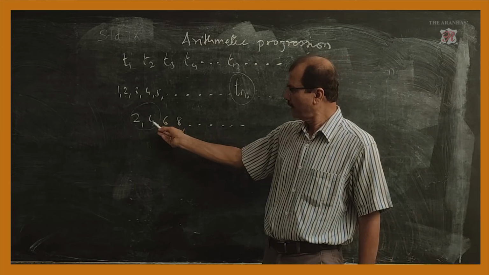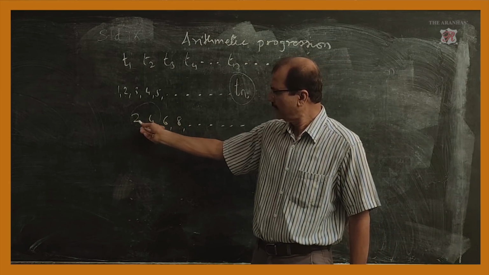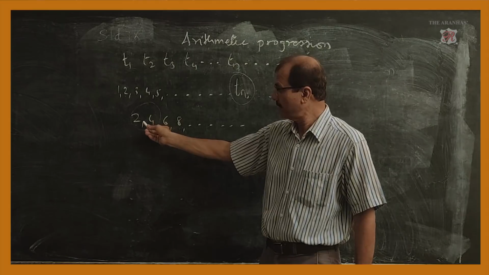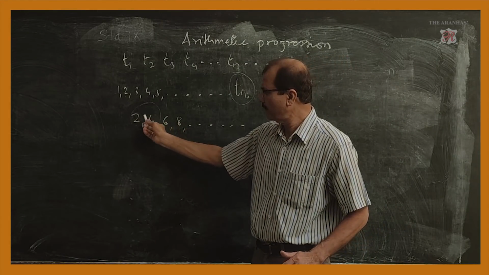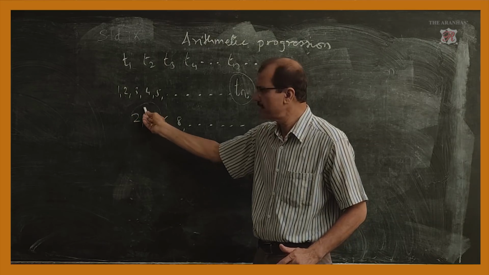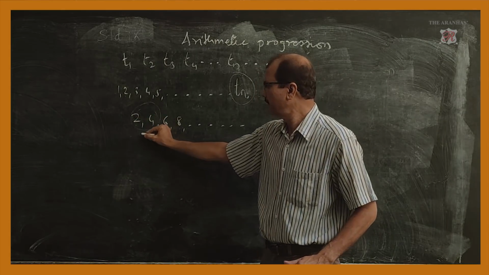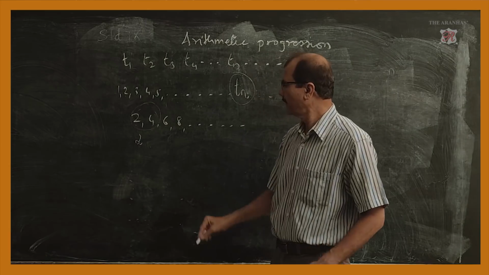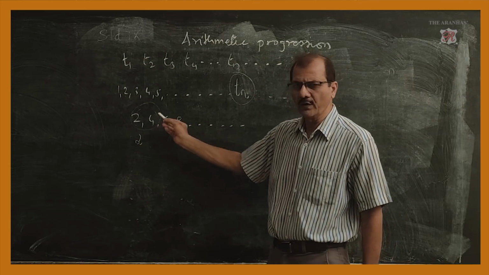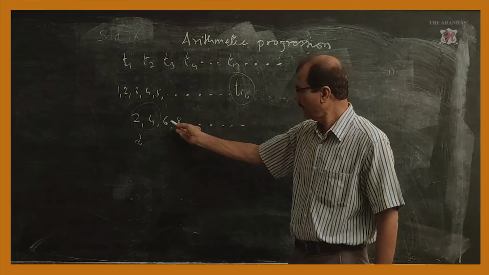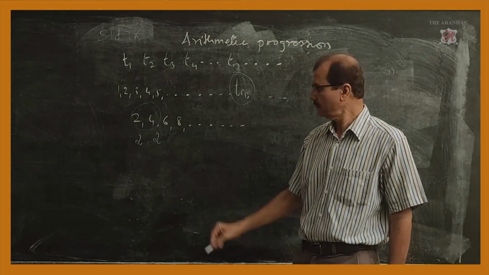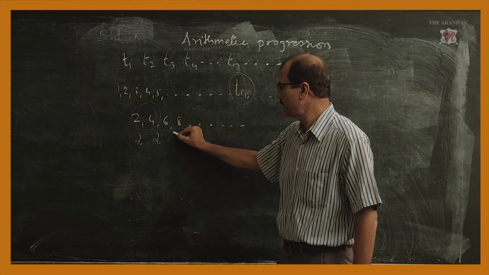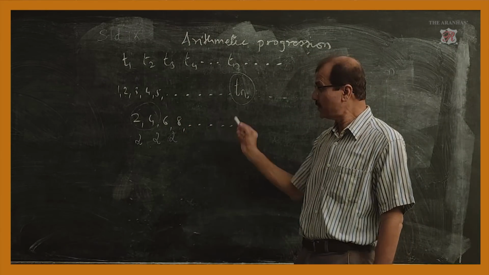So here, if you observe between any two consecutive terms, for example 4 and 2, you find that the difference is 2 here. If you take 6 and 4 as the consecutive terms, the difference is again 2. 8 and 6 difference is again 2 and so on.